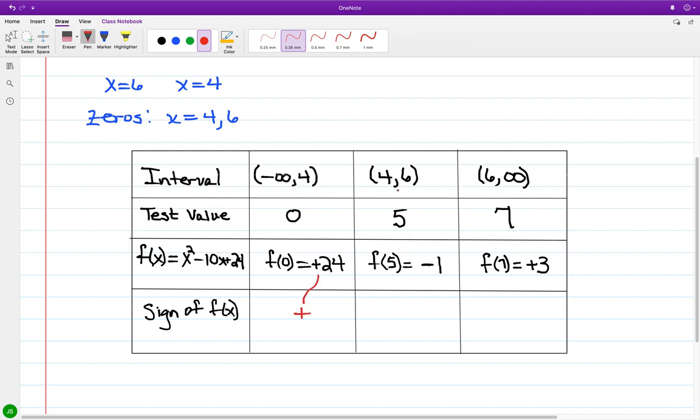Anything we plug in greater than 4 and less than 6, in this case 5 is a test value, the result is going to be negative. Anything we plug in greater than 6 is going to result in a positive output. So if the output is positive, then f of x is greater than 0. And if the output is negative, then f of x is less than 0.